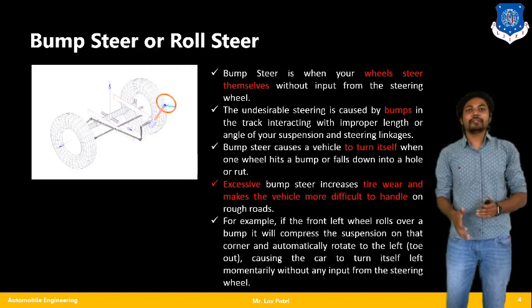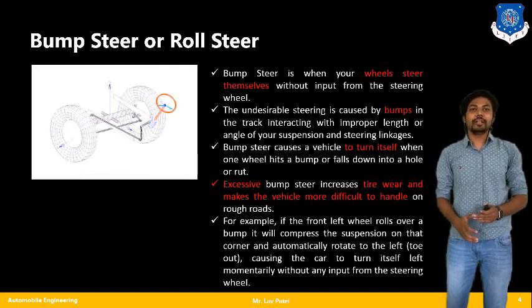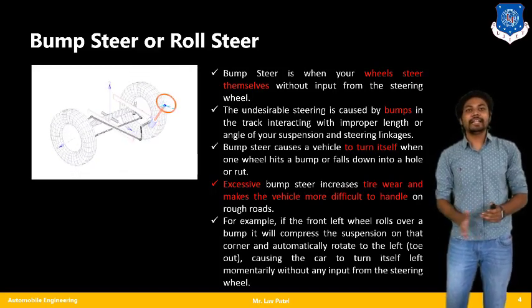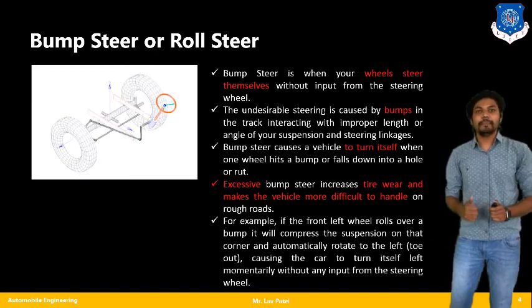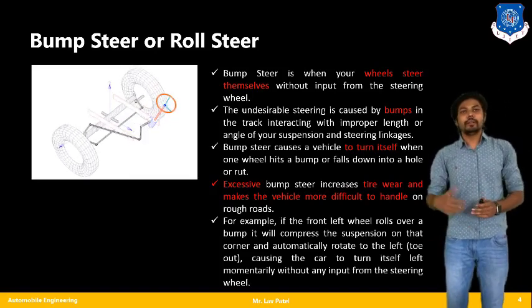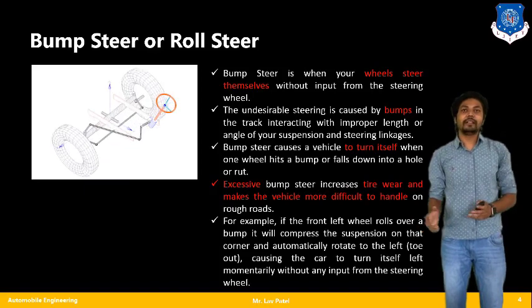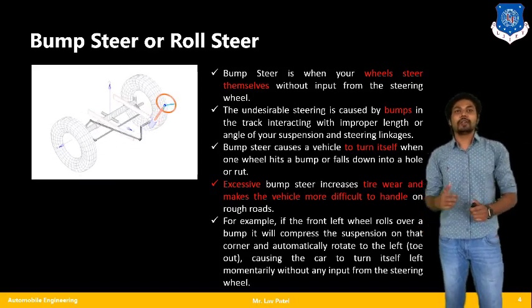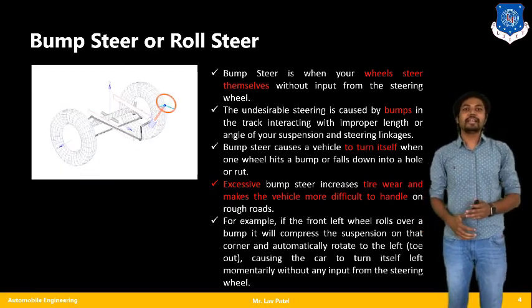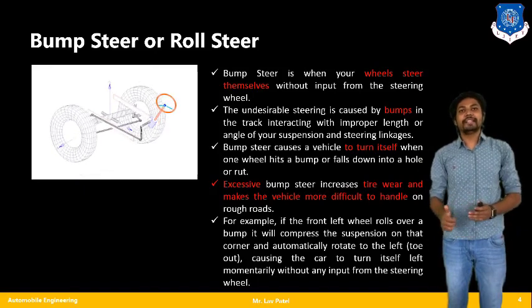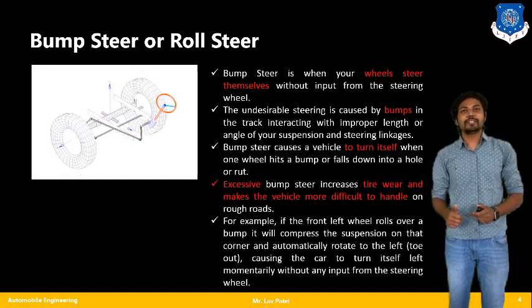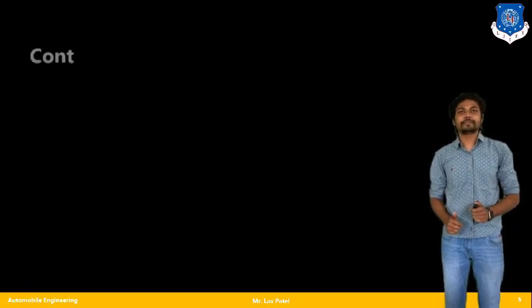And what will that cause? That causes the car to turn itself towards the left direction. So depending upon the bump towards right or left, my steering rotates by itself. That is called bump steer or roll steer.